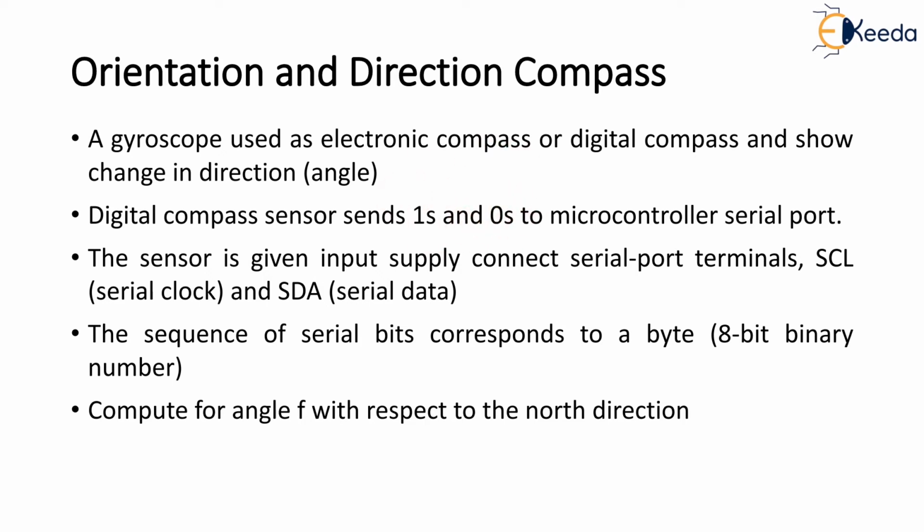A readily available digital compass sensor sends ones and zeros to the microcontroller serial port. The sensor is given an input supply, and connects to the serial port terminals, serial clock SCL and serial data. The sequence of serial bits corresponds to a byte, that is an 8-bit binary number.